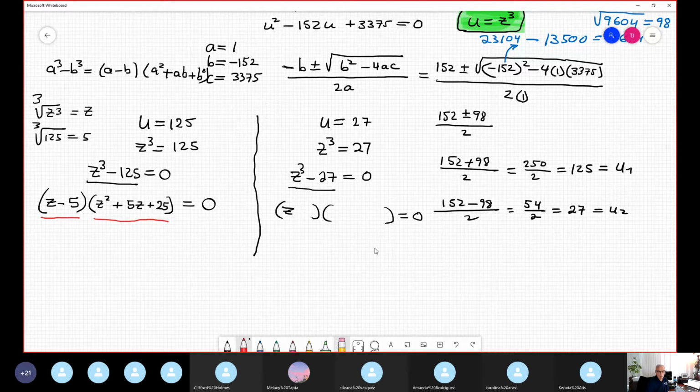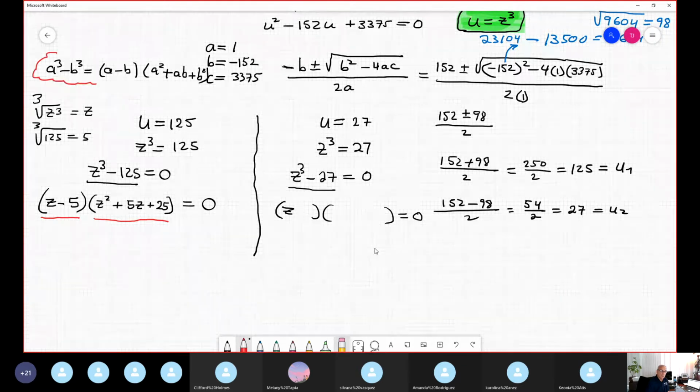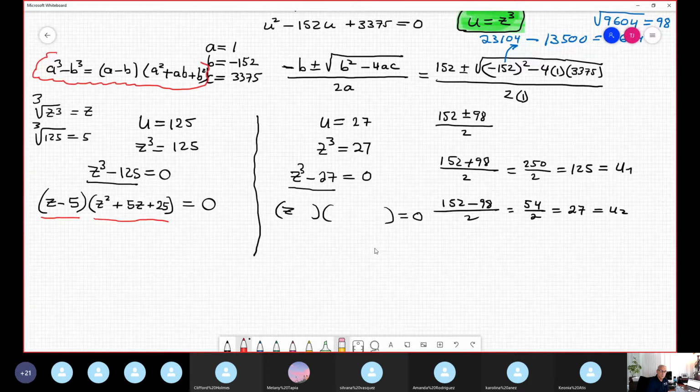Okay? And by the way, in the formula of the factorization difference of cubic, this trinomial, nobody are doing the factorization, and the reason it's impossible to do the factorization of this trinomial is because always is complex solution.